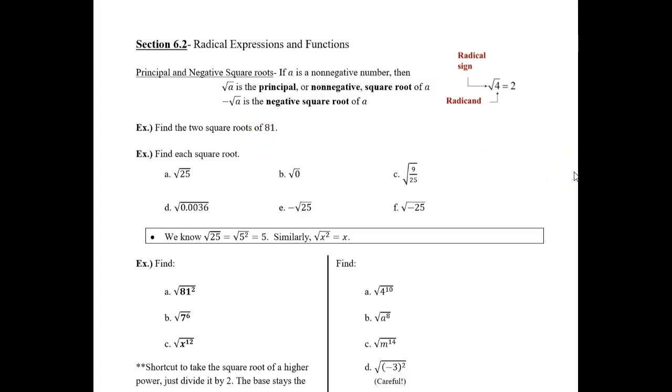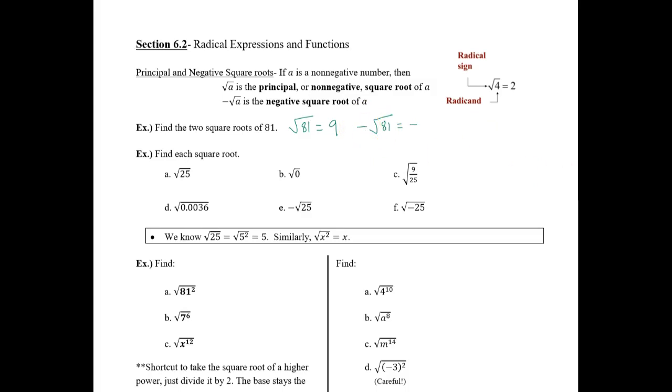So the square root of 81, as you're familiar, the principal square root is 9, because 9 times 9 gives me 81. The negative square root means I take the square root of 81, which is 9, and I make it negative.